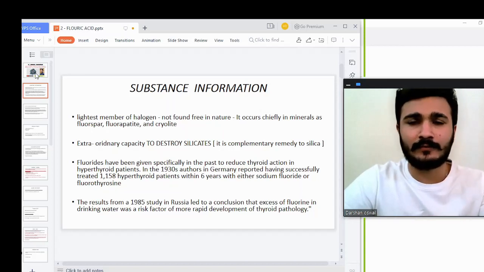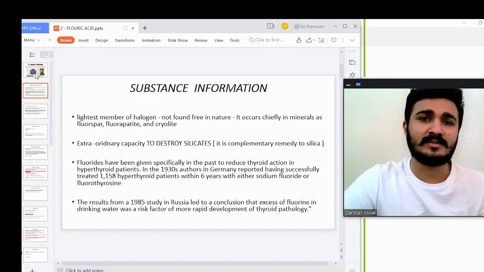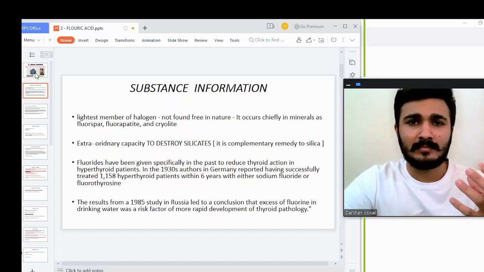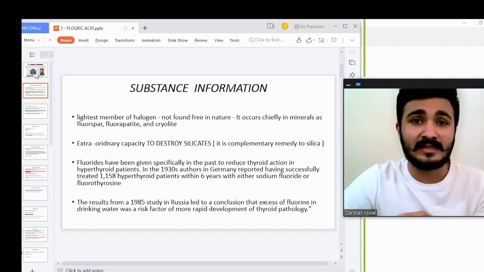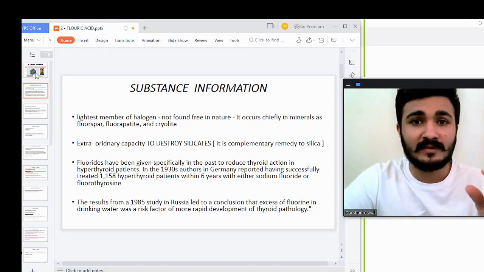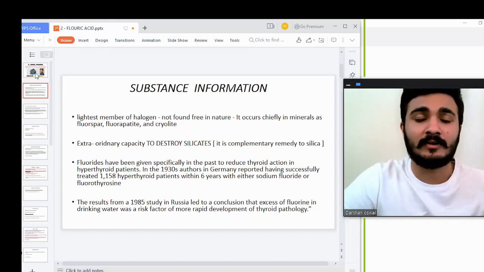Fluoridation of water is considered by some people a good thing and by some a bad thing, but some studies have shown that drinking water with a higher fluoride is responsible for the development of thyroid pathology.